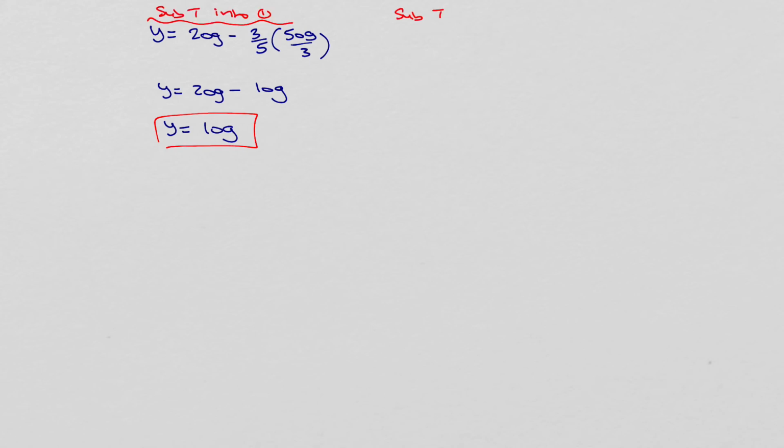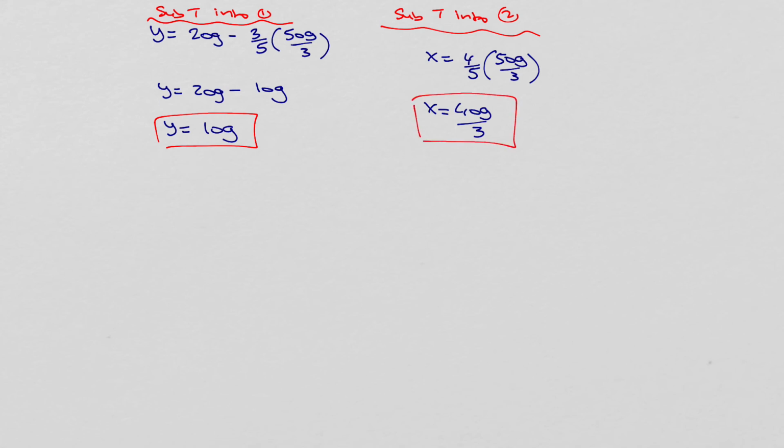So if I sub T into 2, I can say X is 4/5 times T, but T is 50g/3. And therefore that gives me 40g/3 for the reaction force X. So of course I don't want X and Y, I want the magnitude and direction.